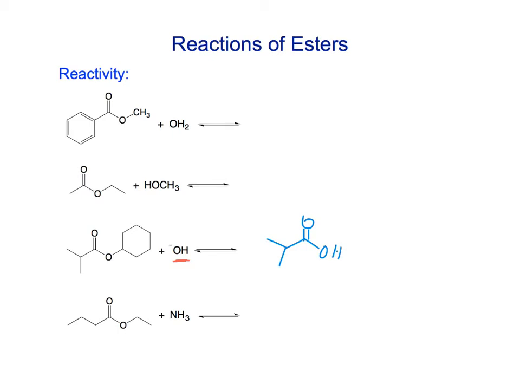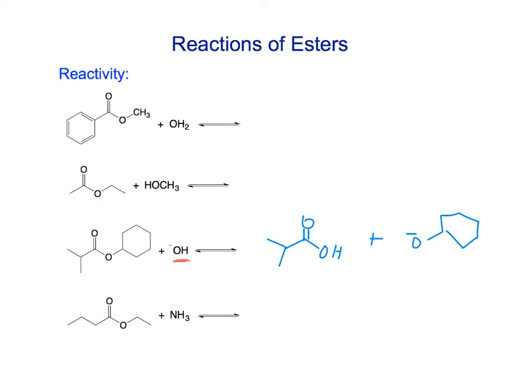Okay, if we just substitute like this, we could get the carboxylic acid plus our leaving group would be like this. Okay, so is this a stable mixture of compounds right here? No. What's going to happen?